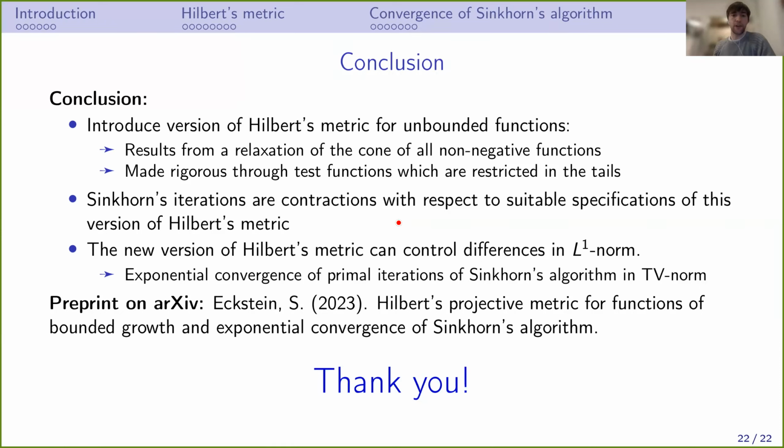Now, Sinkhorn's iterations are then shown to be contractions with respect to suitable specifications of this version of Hilbert's metric. And finally, this is not just some detached result from previous work, but we can actually show that we can control differences in L1 norm, which among others shows that these primal iterations of Sinkhorn's algorithm also converge in total variation norm.